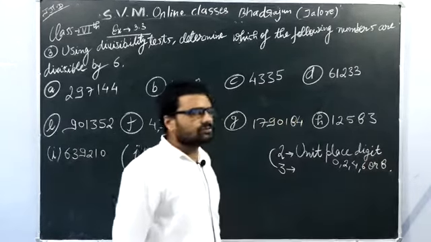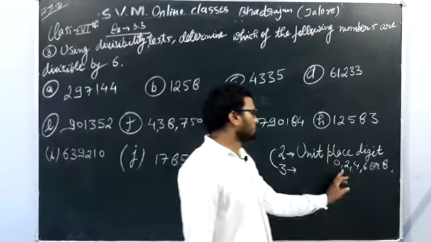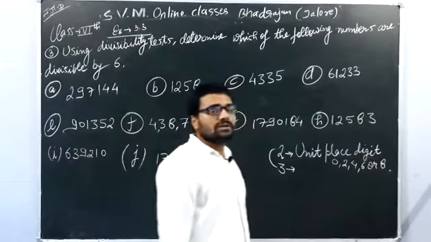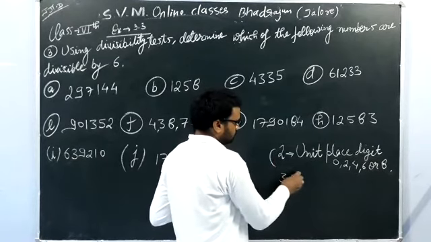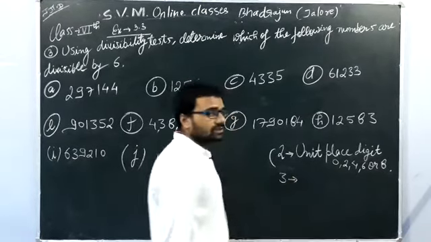If a number has unit place digit as 0, 2, 4, 6 or 8, then that number will be divisible by 2. Let us check for 3.